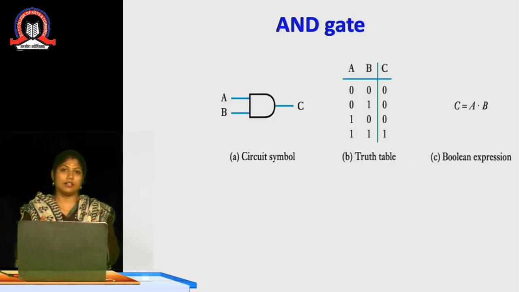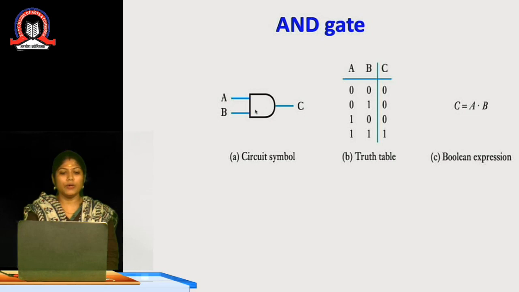So let us start. Logic gates are classified into three types. One is the basic gate, one is the special purpose gate, and then the derived gate. We have to focus on the basic gate. When I talk about the basic gate, we can see its symbol. There are two inputs, A and B, and the output is C. You can represent it with any variable.